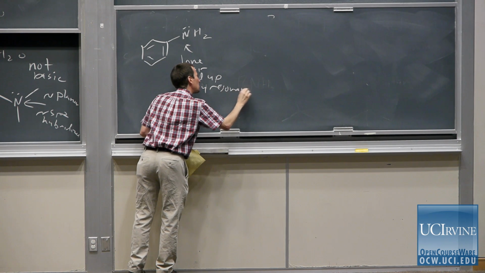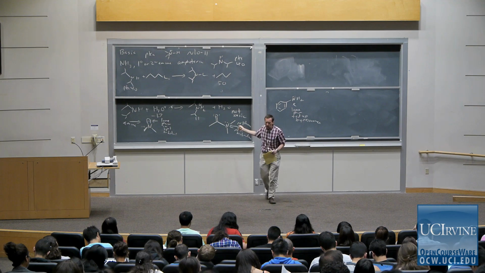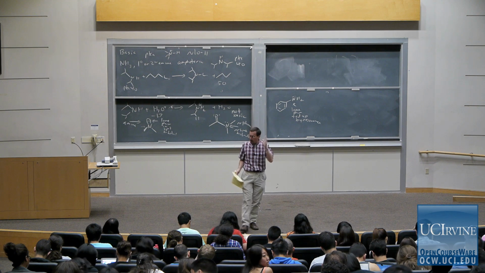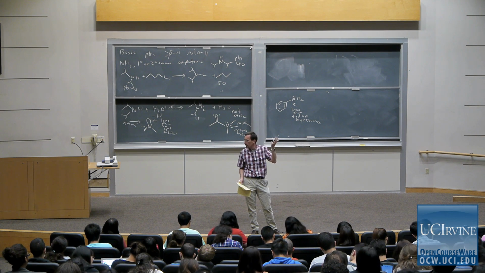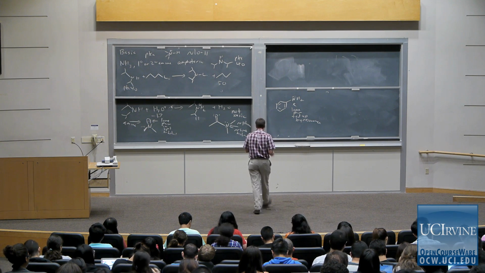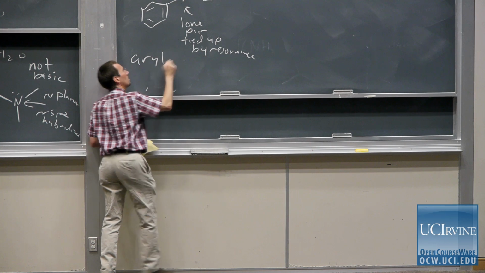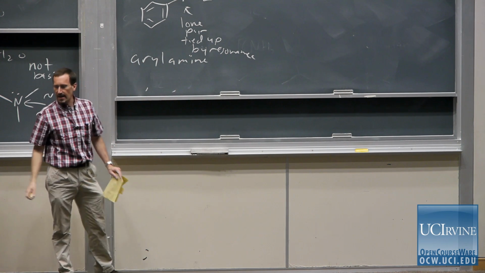And it's sort of halfway between the degree to which it's tied up by resonance in an amide and the degree to which it's available in a simple aliphatic amine, a simple alkylamine. So this is an arylamine. Aryl is just a fancy word for aromatic.